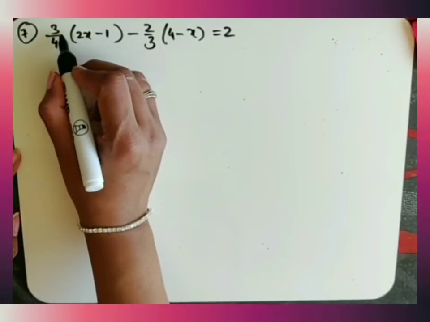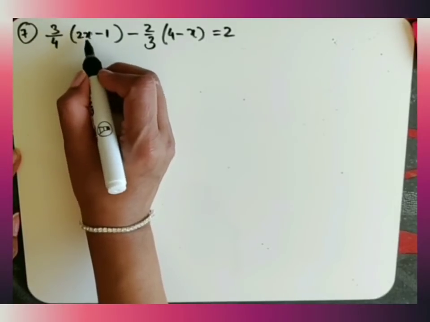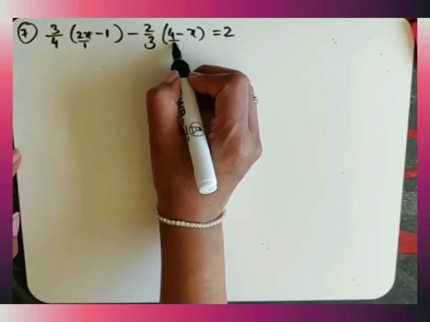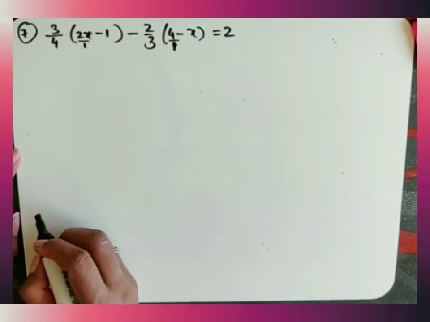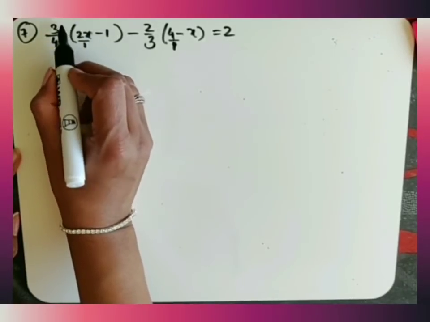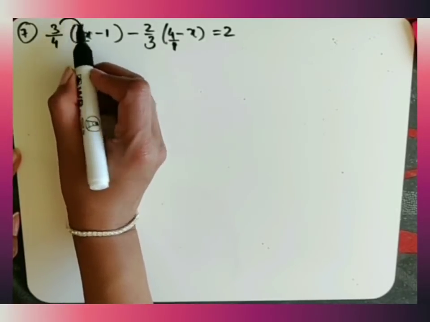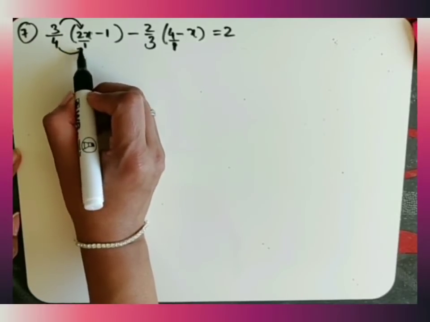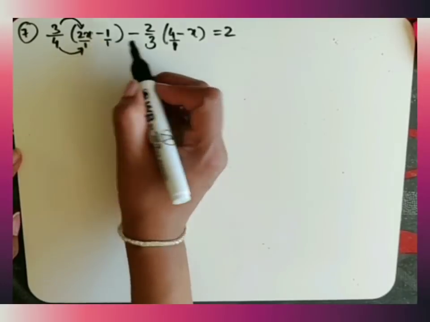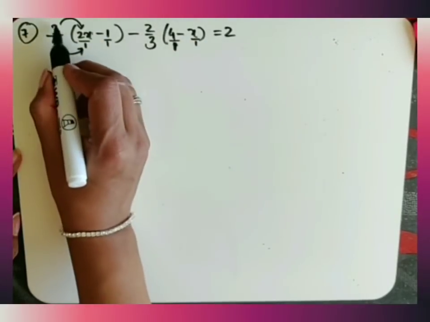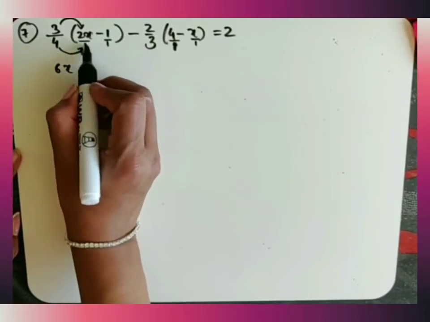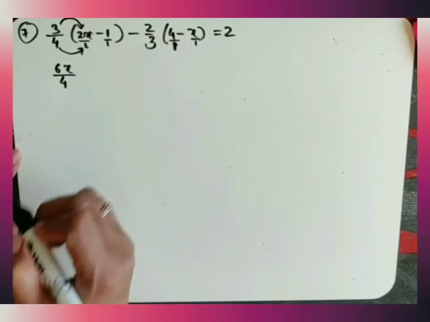So we have to multiply and open the bracket, make it a fraction. It will be easy for you, as giving 1 in the denominator doesn't make any difference. So fraction multiplied by fraction: numerator will multiply by numerator and denominator will multiply by denominator. So 3 multiplied by 2x will give you 6x over 4 multiplied by 1 will give you 4.